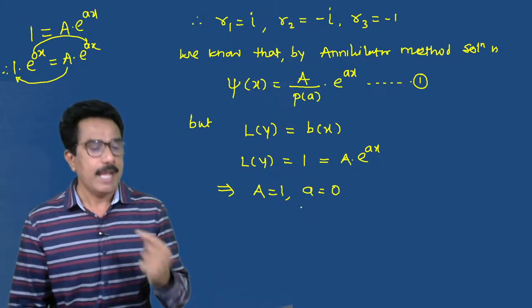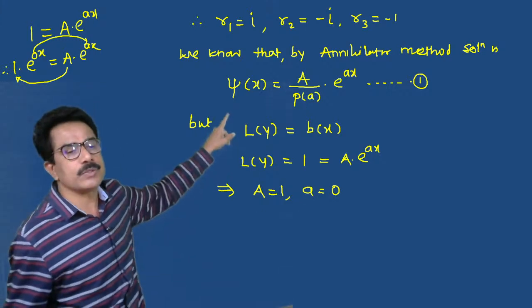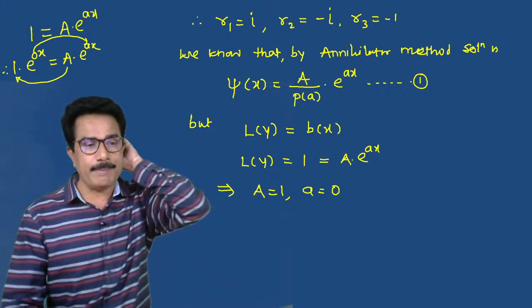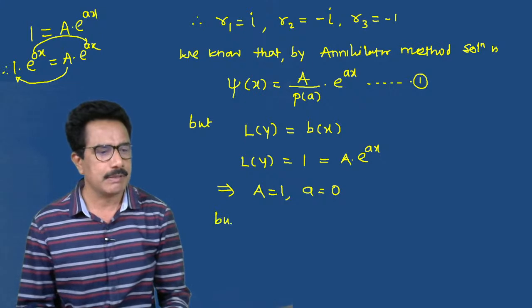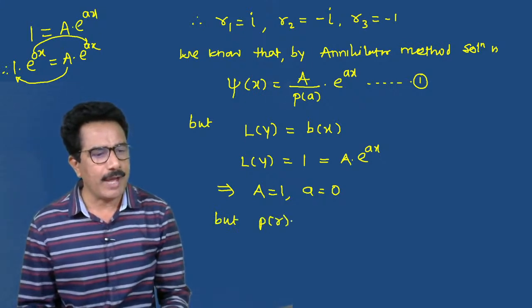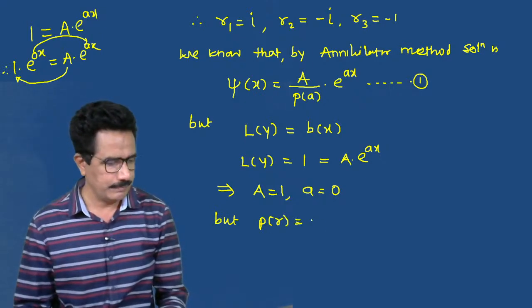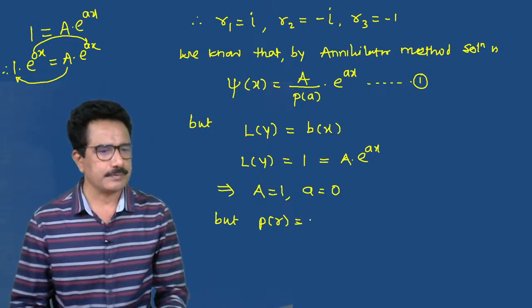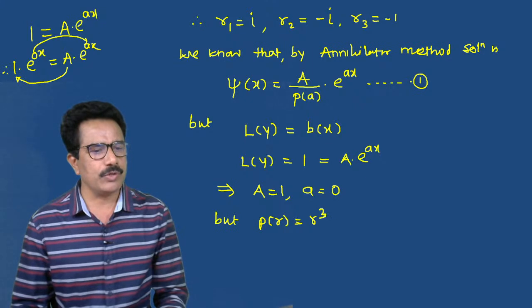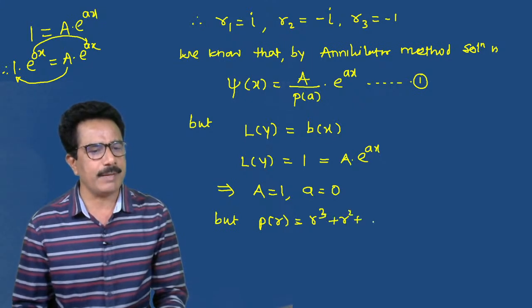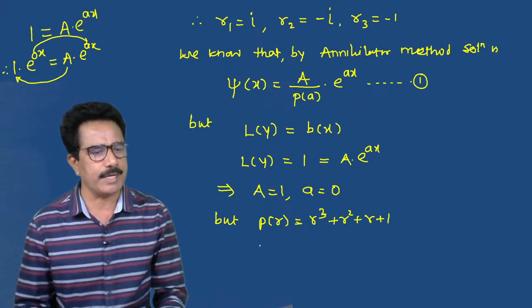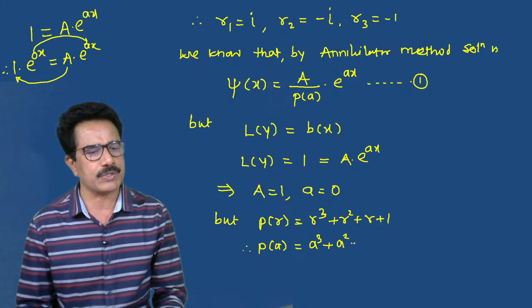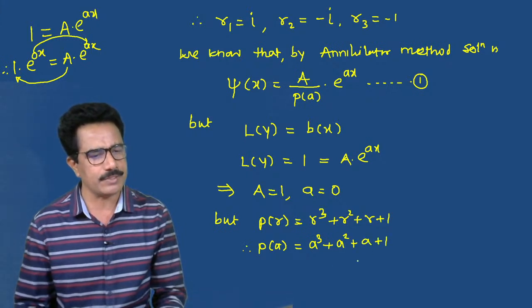Now see what we have to find. According to this solution, we also have to find P of a. P of r equals r cube plus r square plus r plus 1. So P of a equals a cube plus a square plus a plus 1.